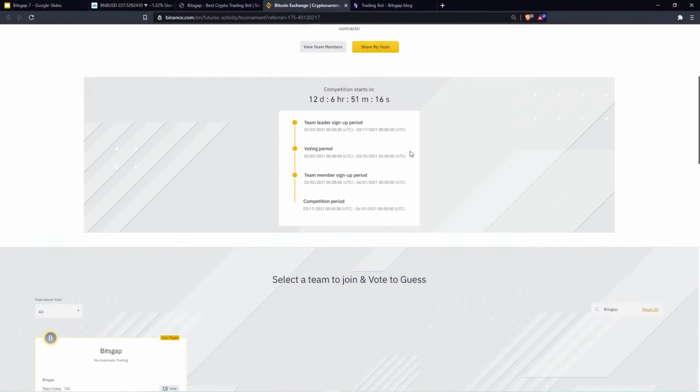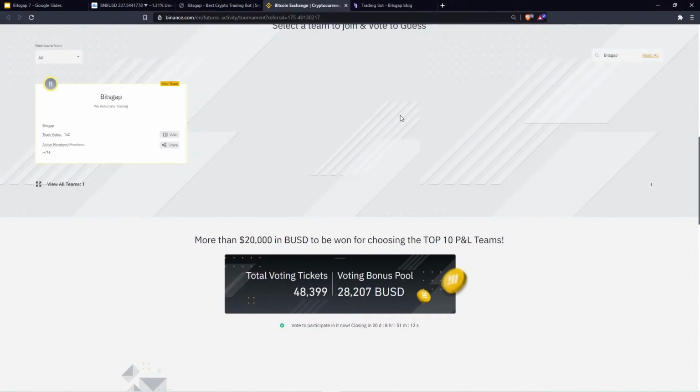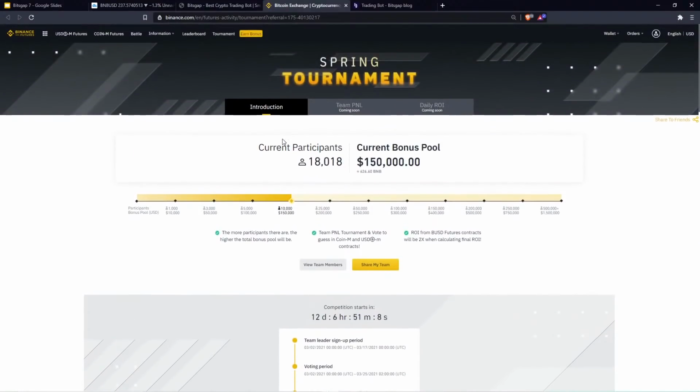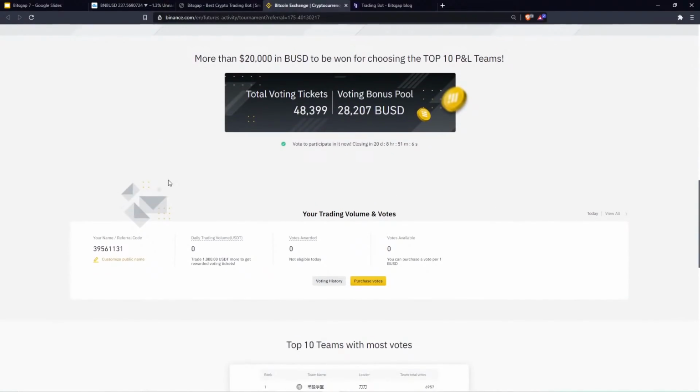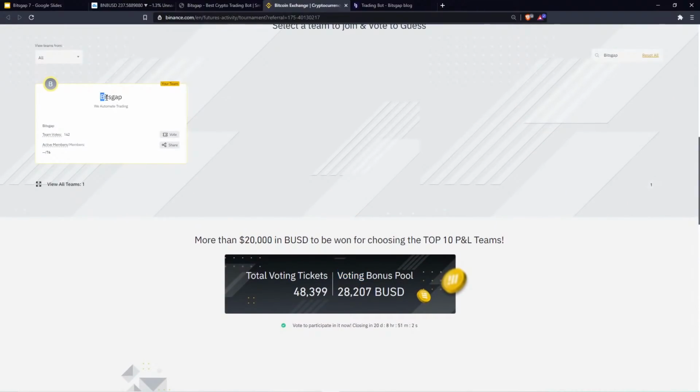There are individual rewards for those that are top performers of the day, and there are team rewards, and there are also vote rewards. So you can actually vote for Bitsgap if you think Bitsgap is the one who's going to take a place in the top 10.